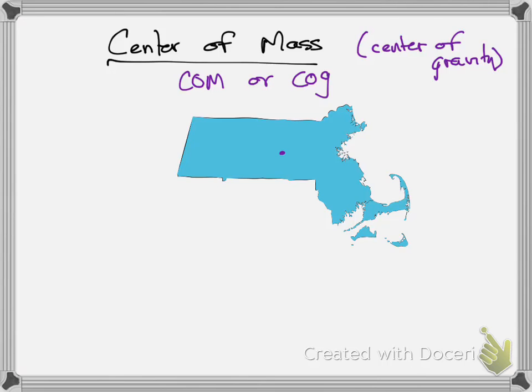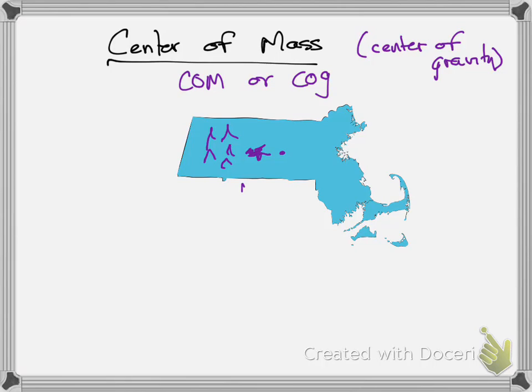Be careful also, because when we're talking about the center of something, we may talk about the geographic center. The geographic center would be the geometric center, which is as equidistant as you can get from all points. Whereas for the center of mass, there are mountains in western Massachusetts, so there may be more land mass out there. So maybe the center of mass is actually further towards the west. I don't know that that's true.